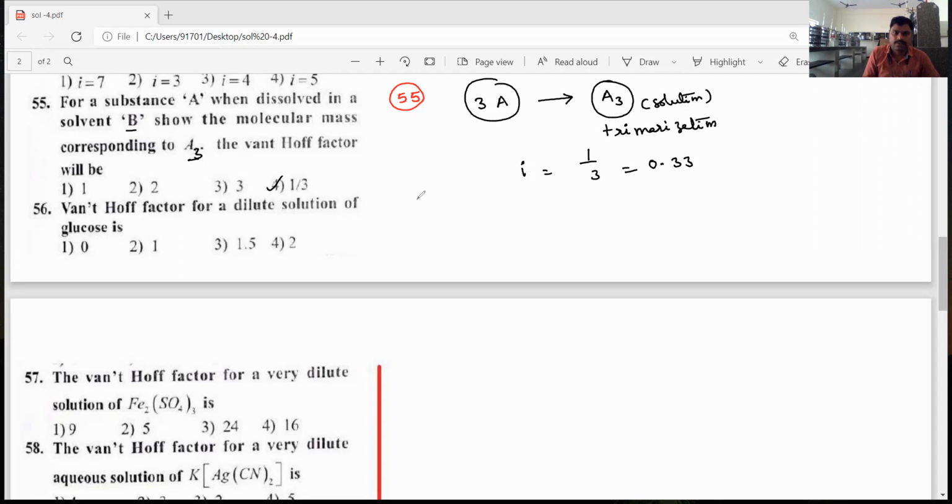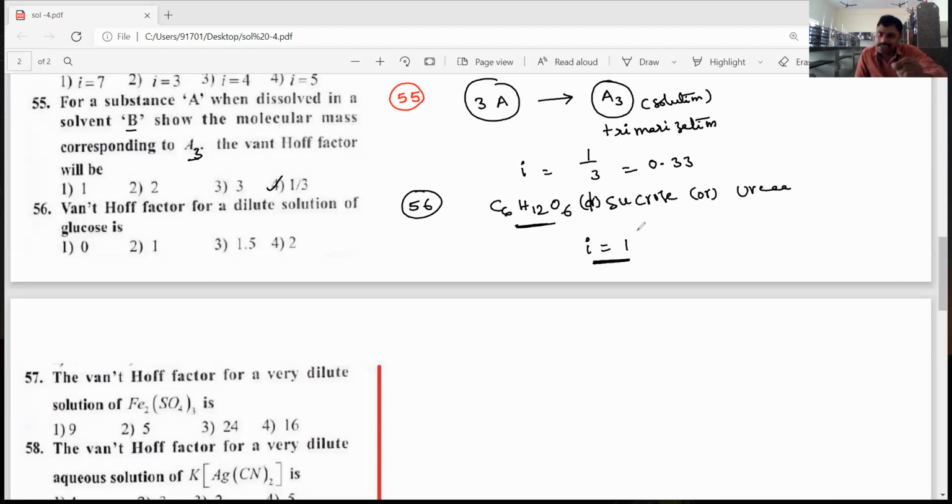Let's see the 56th question. Van 't Hoff factor for dilute solution of glucose, C6H12O6, or sucrose, or fructose, or urea. For all of these, the Van 't Hoff factor i is equal to 1 because they cannot undergo dissociation and cannot undergo association. So i is equal to 1.